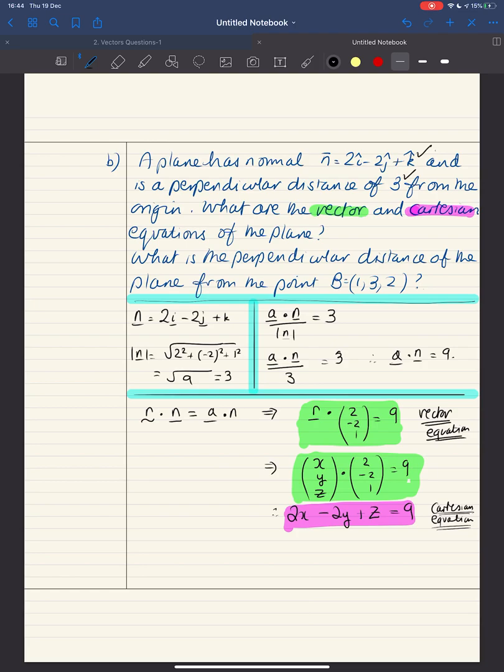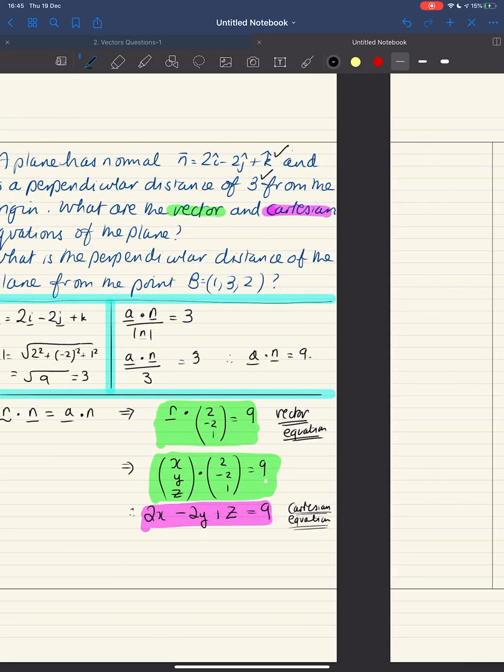Right, what is the perpendicular distance of the plane from the point B, (1, 3, -2)? Okay. I'm just going to write this on a new page.